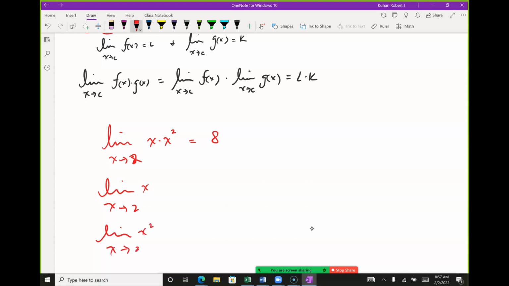Those are also obvious. This one's 2 and this one's 4. And look at the product, 2 times 4 is 8. I'm not going to prove it to you, but it should be obvious. But the trick is, how do you separate the product? That's going to be the trick.